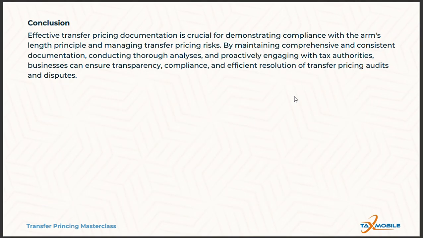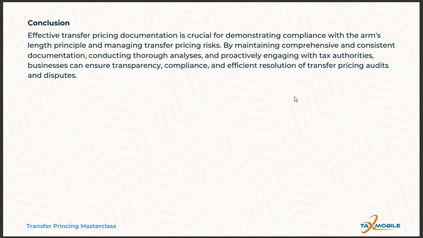So, just to conclude, Nigeria's transfer pricing regulations 2018 placed significant emphasis on the maintenance, transparency, and submission of transfer pricing documentation. The introduction of this three-tiered documentation structure, master file, local file, CBCR, has brought the country in line with international best practices, ensuring that connected persons accurately report their control transactions.